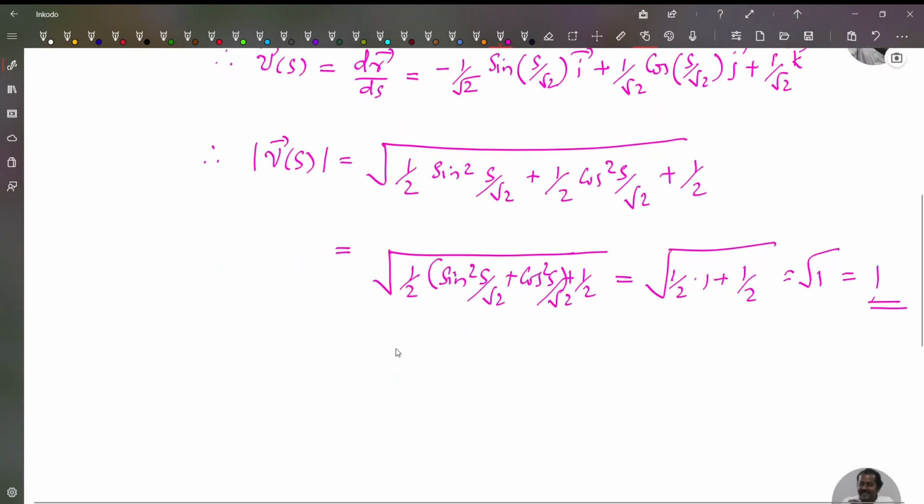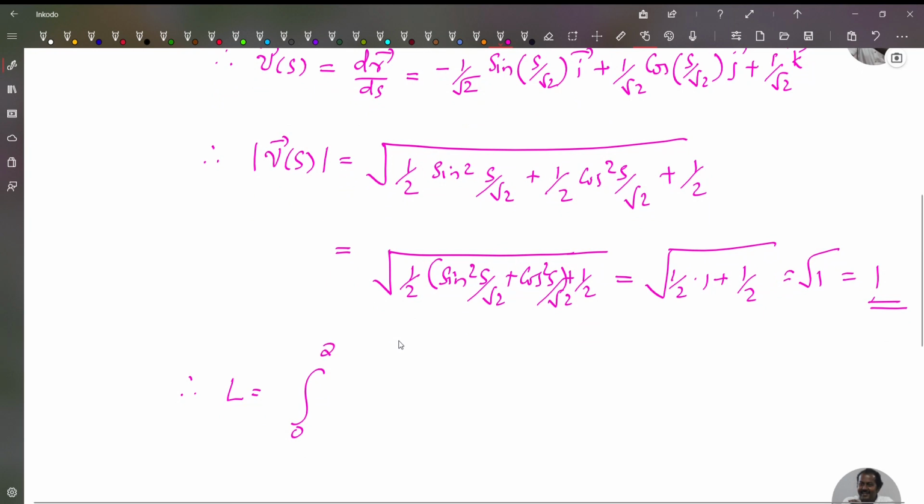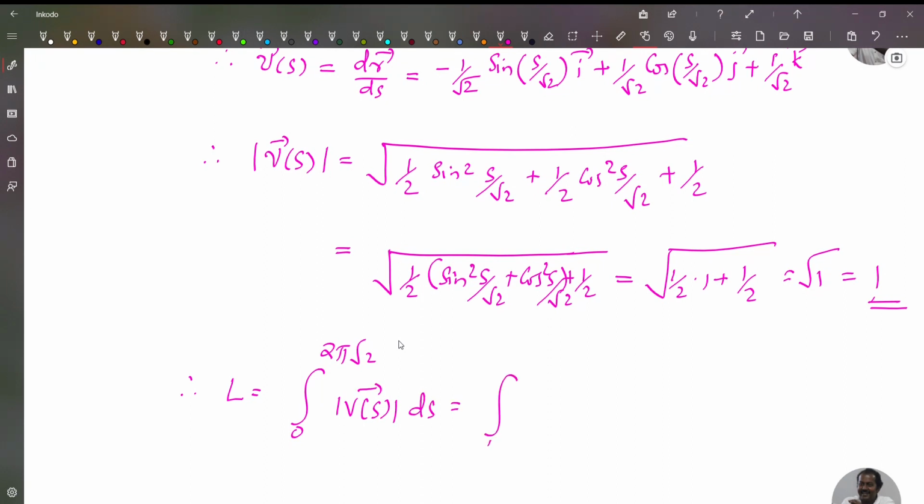Therefore, L equal to integral 0 to 2 pi root 2 modulus of v of s ds, that is equal to integral 0 to 2 pi root 2, modulus of v of s is 1, ds.